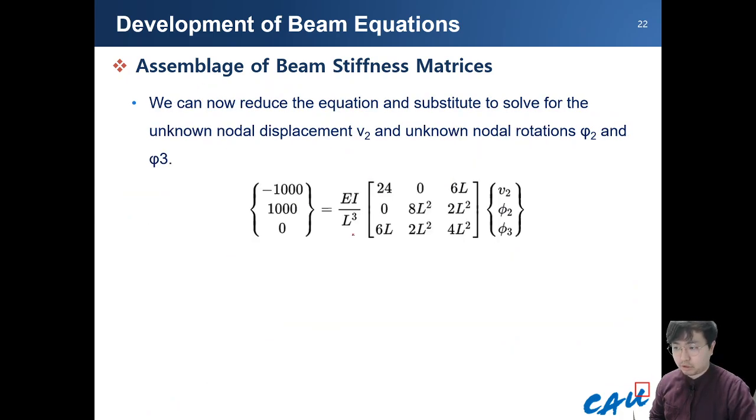The reduced matrix looks like this. At the second nodal point, we apply 1000 pound in the negative direction, and we apply 1000 pound per feet in the counterclockwise direction.